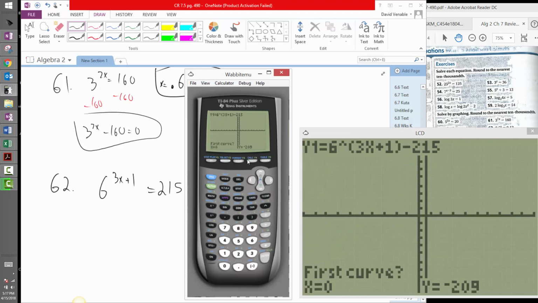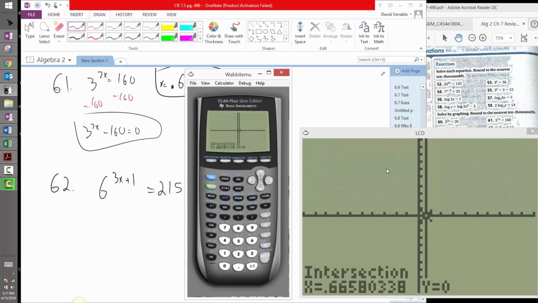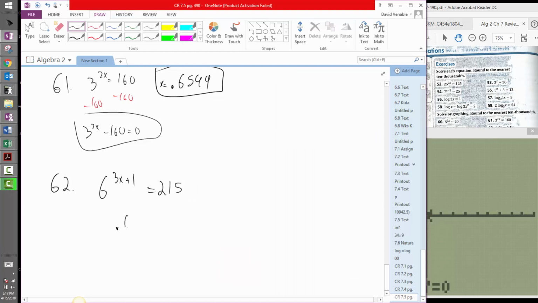The first curve is the exponential function, where I moved the 215 over, and the other function is y equals 0, and so I intersect them, and boom, there's my answer, 0.6658. That's my answer right there.